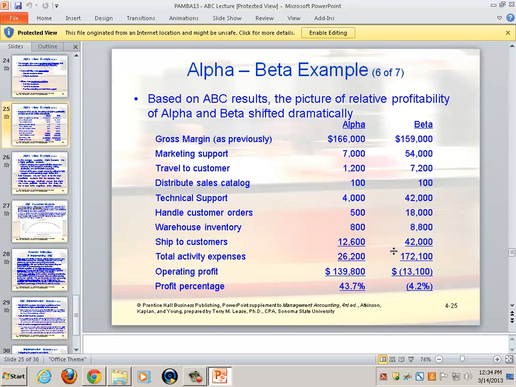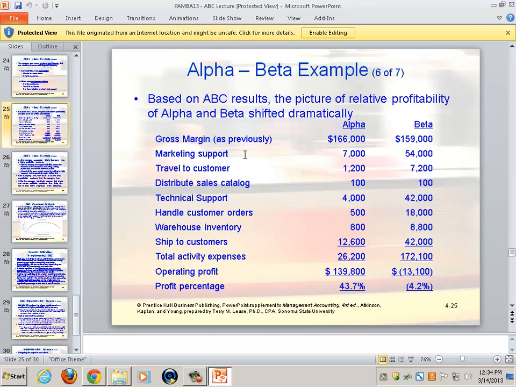Some dramatic differences between alpha that is easy and beta that is difficult, but until you do the numerical analysis, you don't know how big, how significant those differences are going to be.